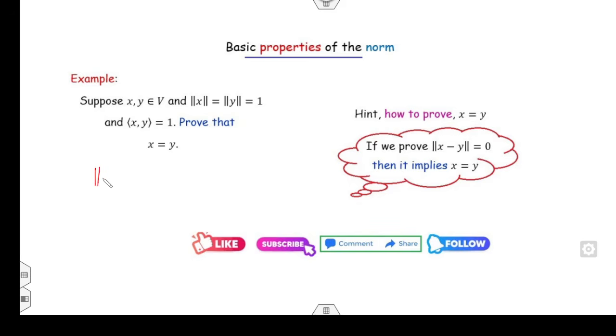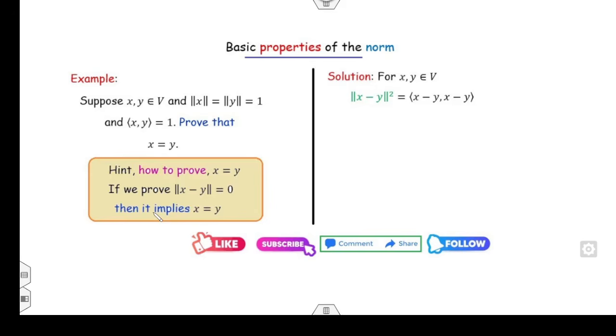Fine. So for the norm of x minus y, we can start from the square. That number will be x minus y comma x minus y. Fine. I can open this norm. First, with x, do both: x comma x minus x comma y. Then you can write with respect to y comma x.